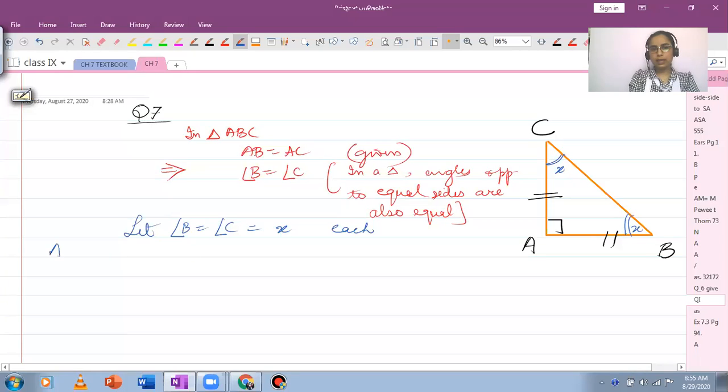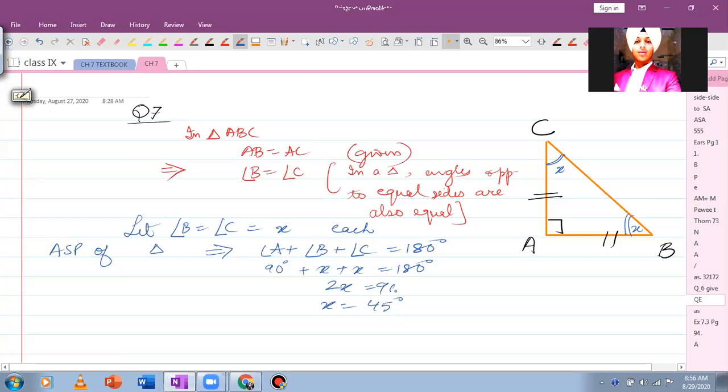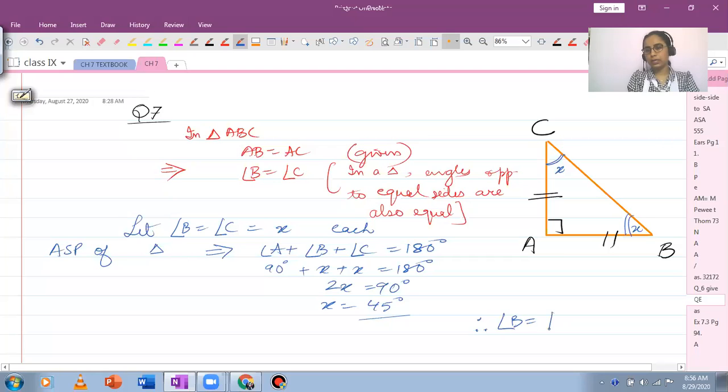And then we can apply angle sum property. So x comes out to be 45 degrees. Yes, that's it. So you can say that the measure of angle B and angle C each is 45 degrees.